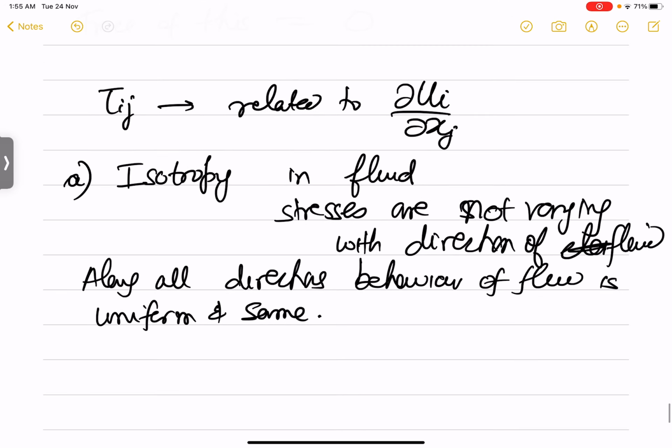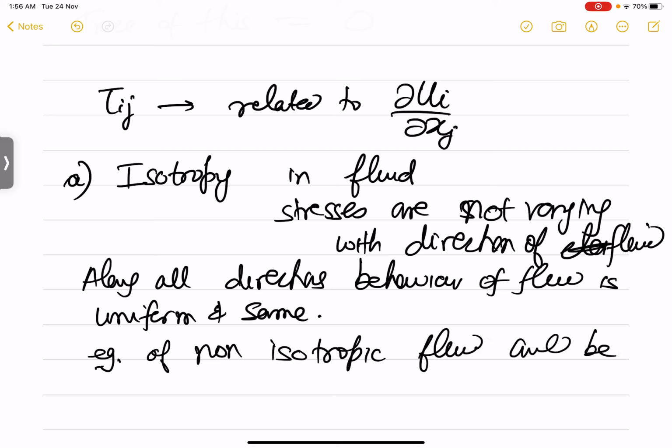Now, can we think of any fluids which are not isotropic? So that can help us understand. An example of a non-isotropic fluid could be a solution of long chain polymer.